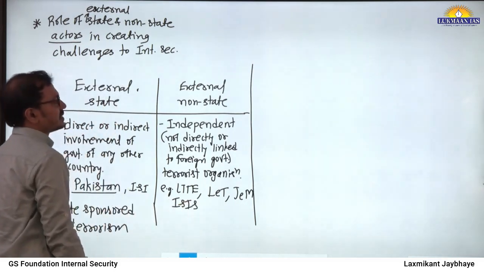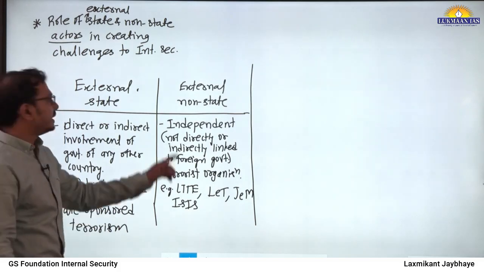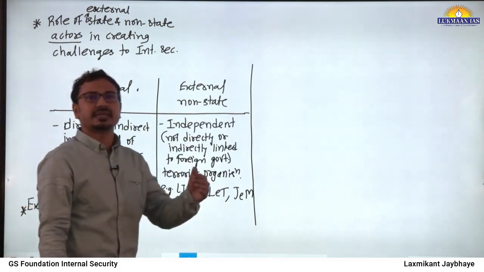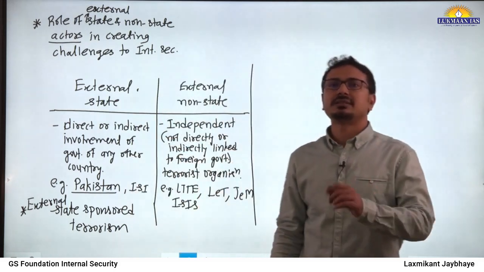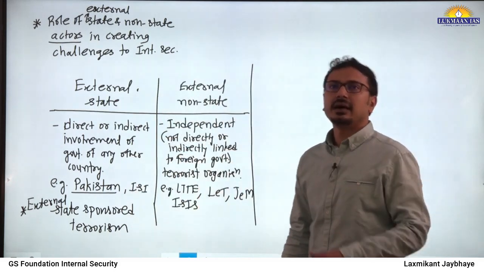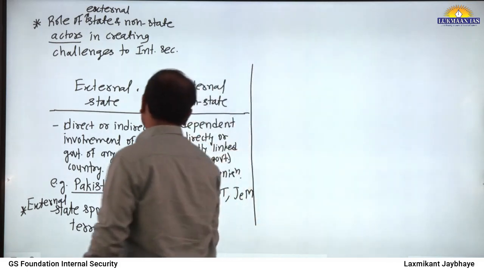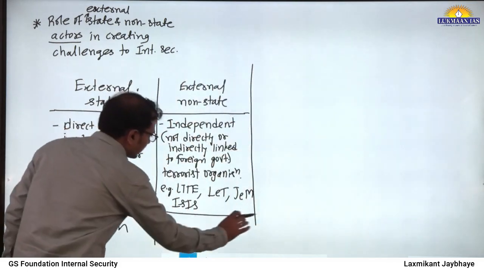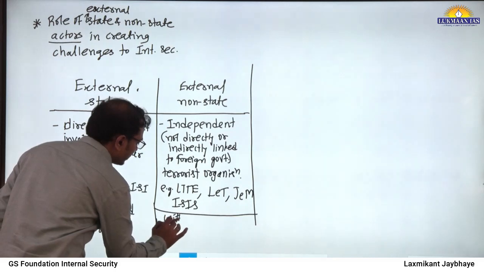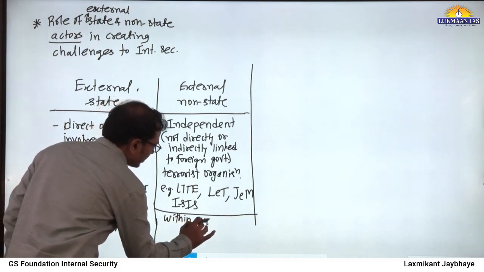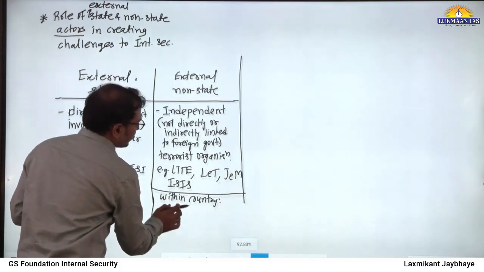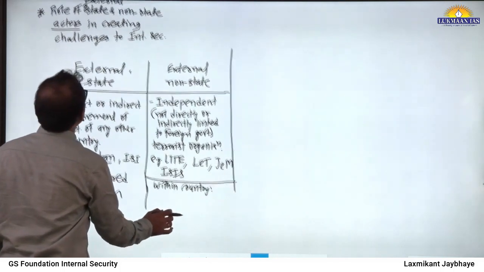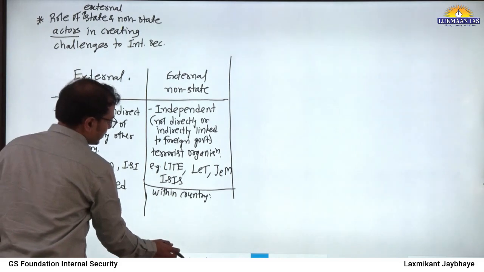These are some of the examples. Now when we remove this external, simply we say that non-state actors. That means they are within the country. So within the country, they will be called simply non-state actors.